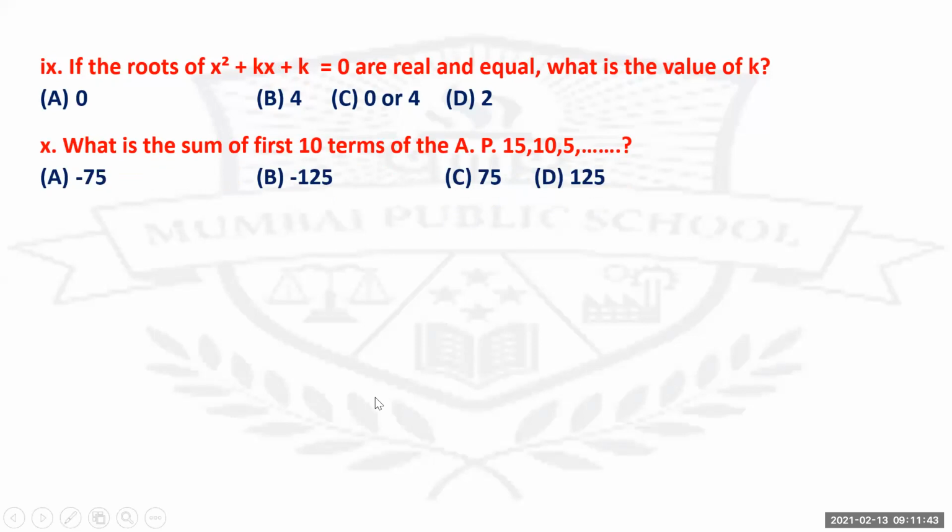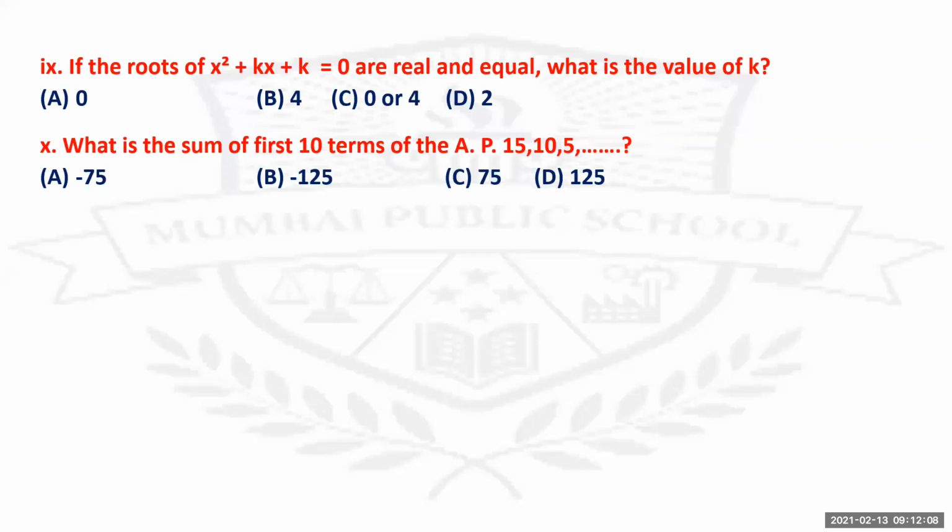What is the sum of first 10 terms of an AP 15, 10, 5? Now check, it is in the descending order, so the difference is going to be negative, that is minus 5. The value of A is 15. The formula of Sn you know. n is 10 because you have to find the sum of first 10 numbers.